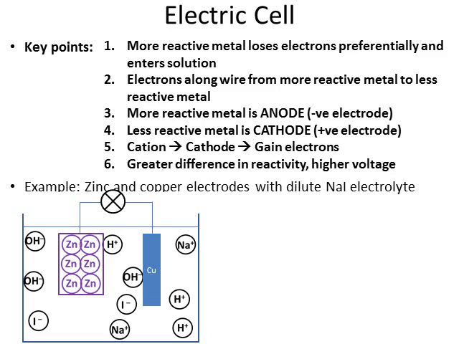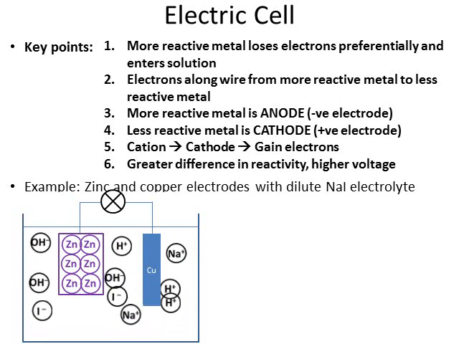Alright, so we're going to have some animation again. First things first, all the cations are attracted to the cathode, anions are attracted to the anode. So what occurs here is that the zinc at the anode will be discharged, and zinc metal forms zinc ions which enter the solution.